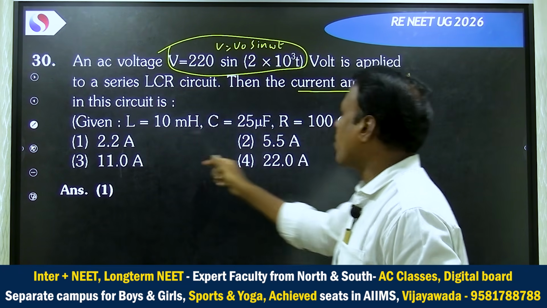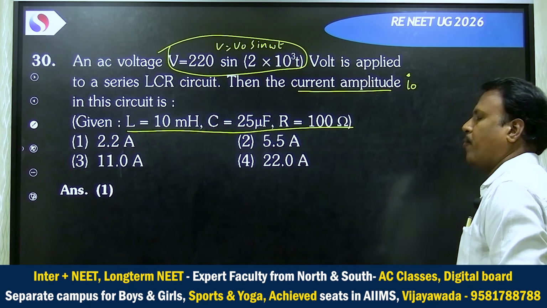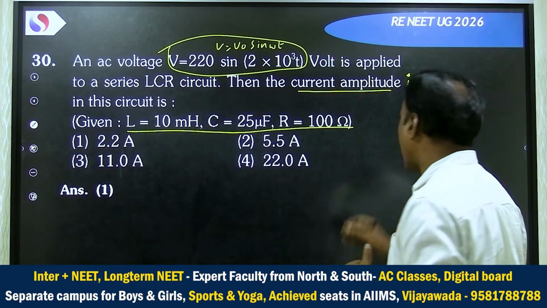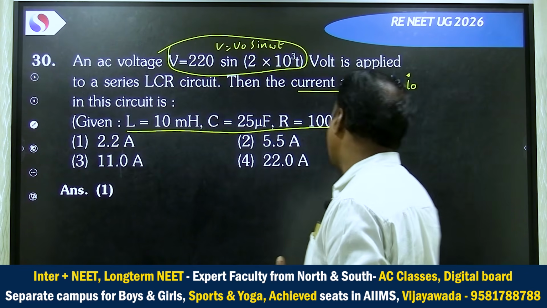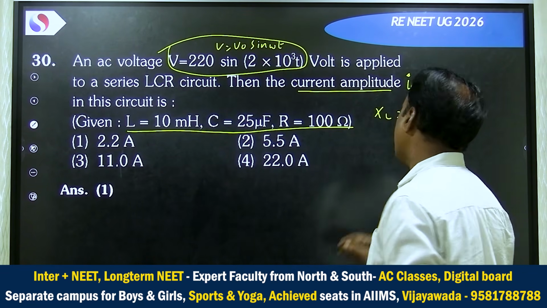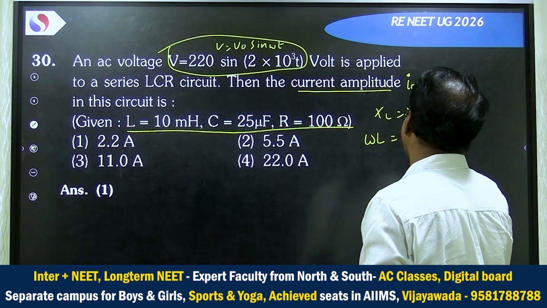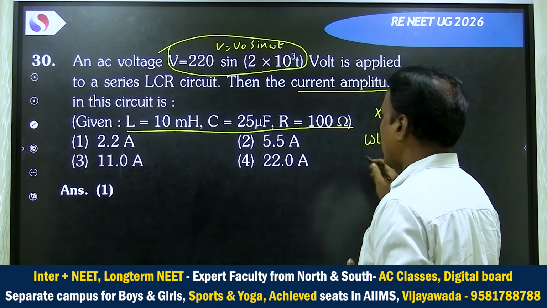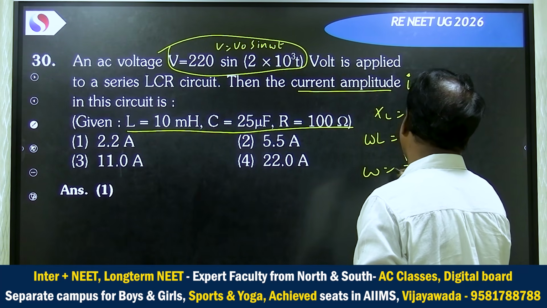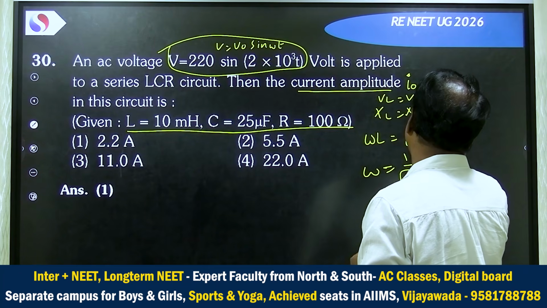Whenever an LCR circuit is there and they are mentioning maximum amplitude, first of all, check whether there is a chance for resonance or not. How we can check? If XL equal to XC, that means omega L equal to 1 by omega C, or omega equal to 1 by root LC, or VL equal to VC.